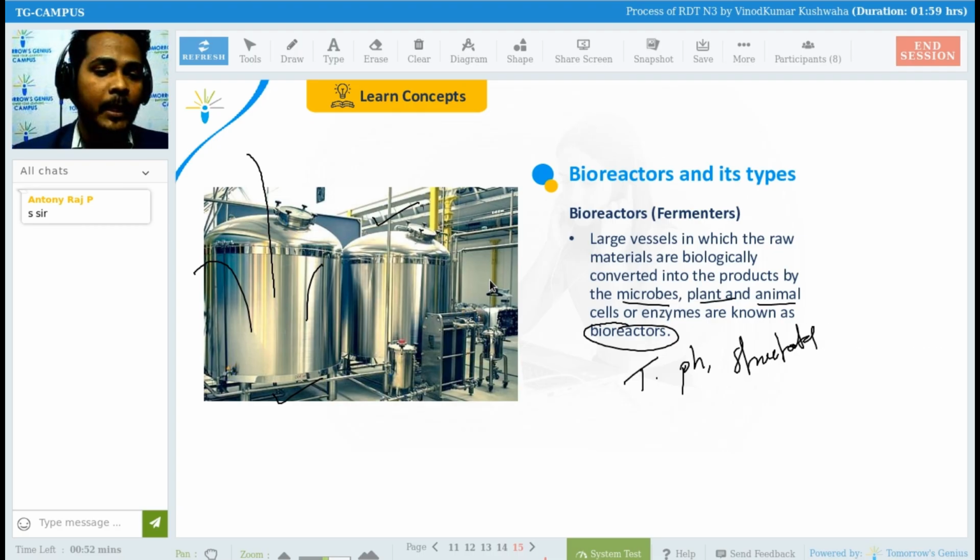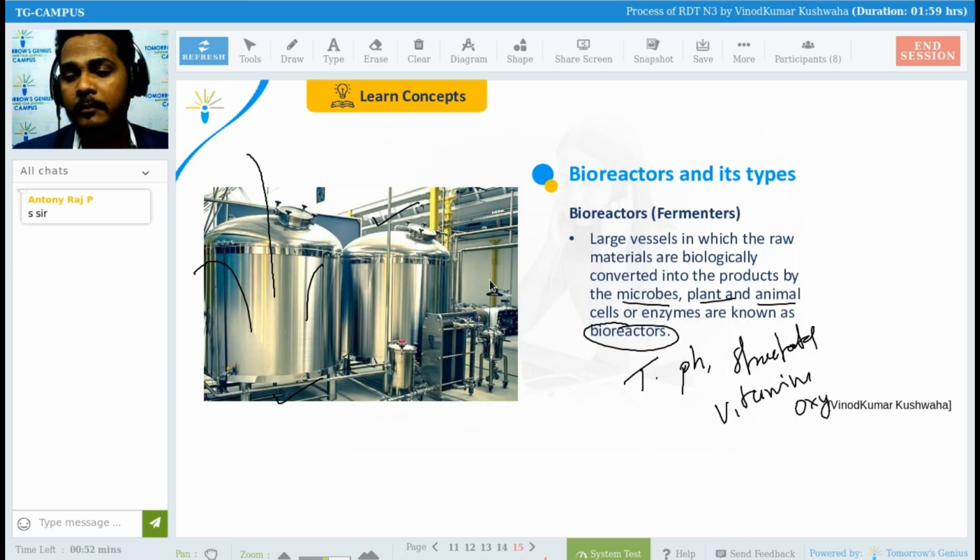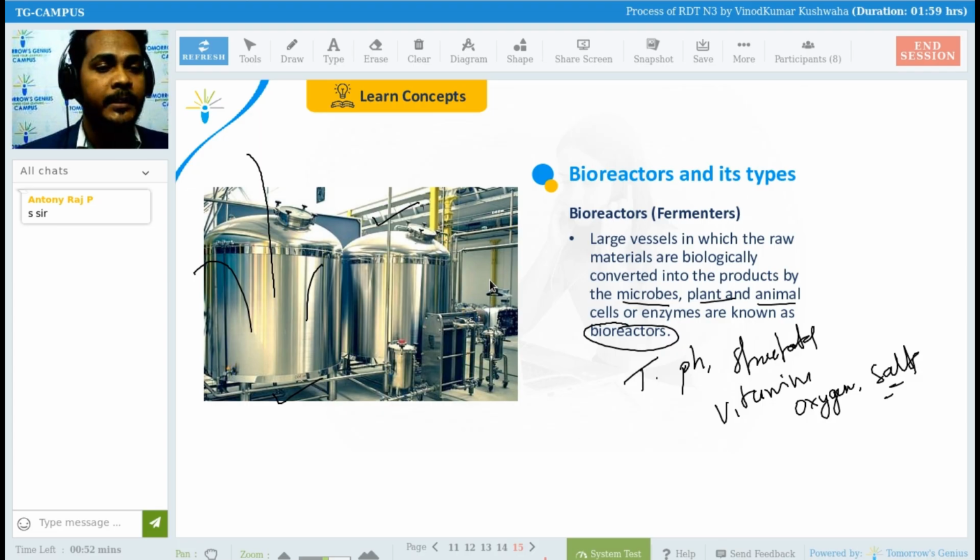Everything is maintained in that bioreactor, along with the substrate, vitamins, then there is oxygen, because all the organisms require oxygen, even the salt concentrations, so that your microbes are going to produce the desired product that you are expecting from them, right? So it is going to produce inside this.